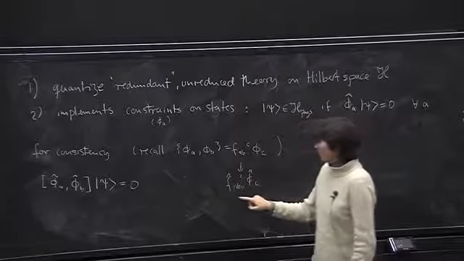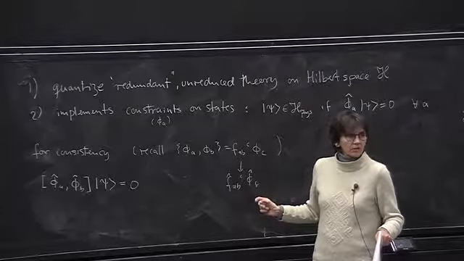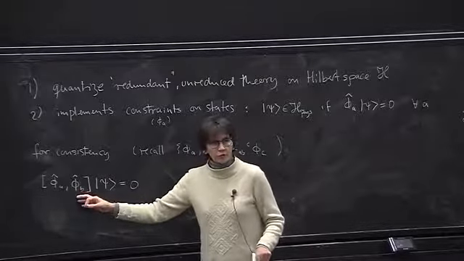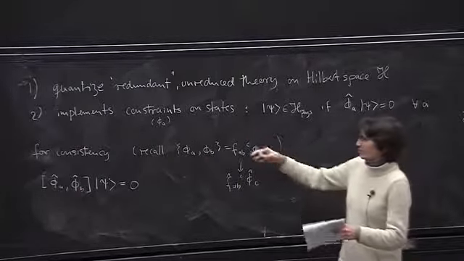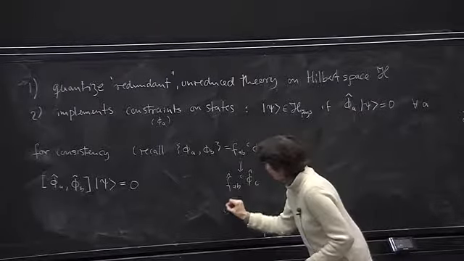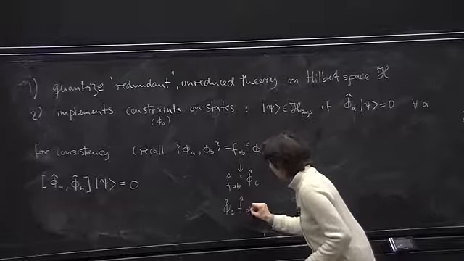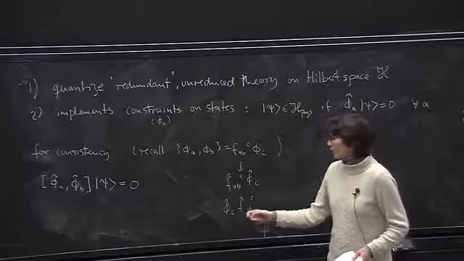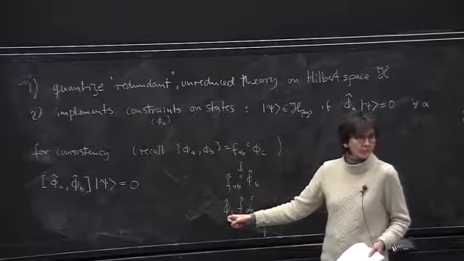But when they're quantized, an issue of operator ordering comes up. So it might just be that when I compute this commutator bracket, even if it's almost preserved, it might come out as something where the phi C comes out on the left-hand side and the F's to the right of these quantized phi hats.